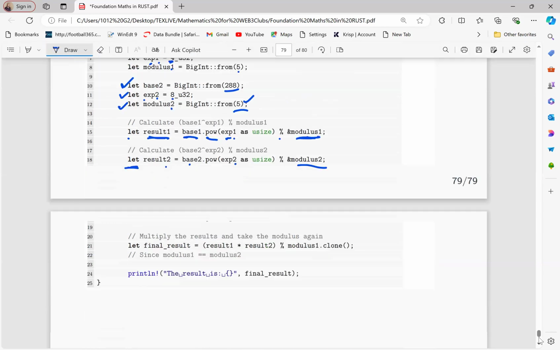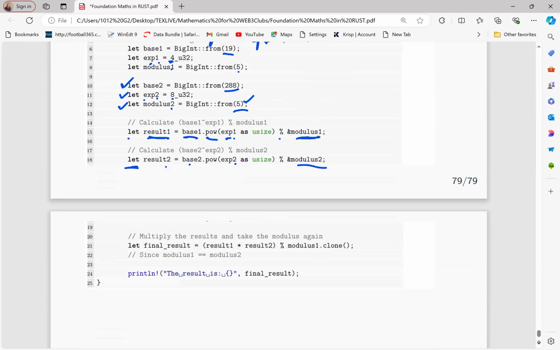Okay, after you've done that, then multiply the 2 results that you get. So the final result is result 1 times result 2. There is a possibility that this might also be bigger than our mod, and so again, we divide by the mod and get the remainder. And so you have the result.